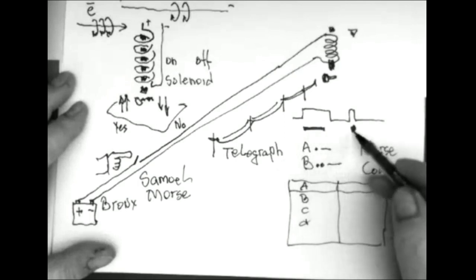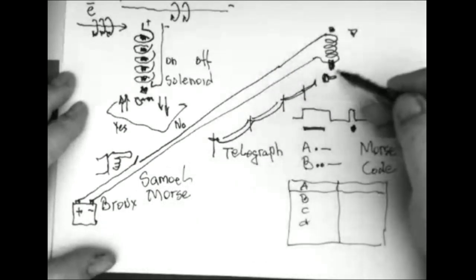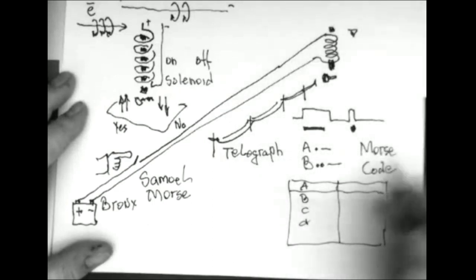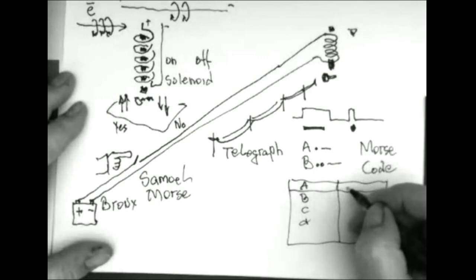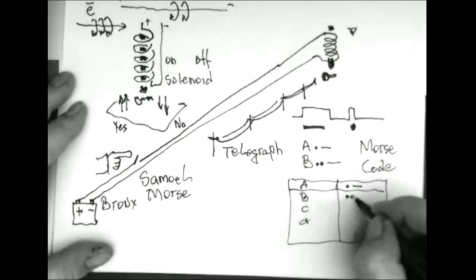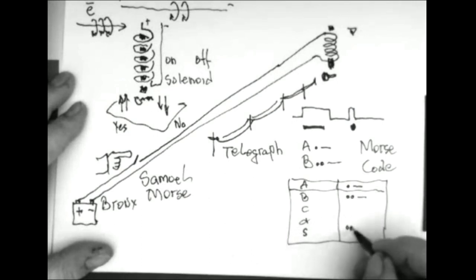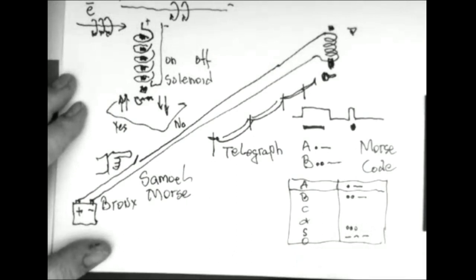So we said dots and dashes, these are electrical pulses that attract or release this anchor, the key. So the material looks like this, dot and dash, two dots and one dash. By the way, S will be three dots, O will be three dashes. That's what I remember. I used to remember this entire table, but now I don't because I just forgot it. But you can find the Morse code table on Google if you would like to.